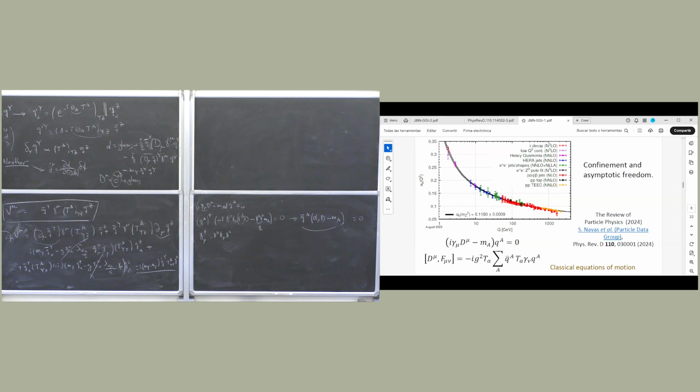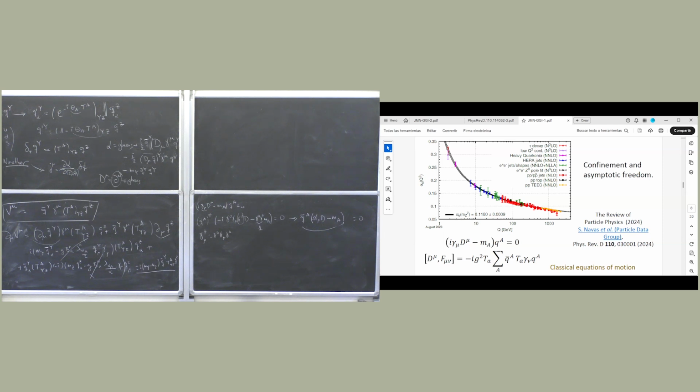Okay, what I was saying, in the case of the axial, what happens? That you have a gamma 5. And then when you have a gamma 5 and you do all of this business, there is one moment where you have an extra commutation with the gamma 5. Because of this extra commutation with the gamma 5, instead of getting the difference of the masses, you get the sum of the masses. Therefore, to obtain that the axial current is conserved, you need all the masses to be 0. Okay?